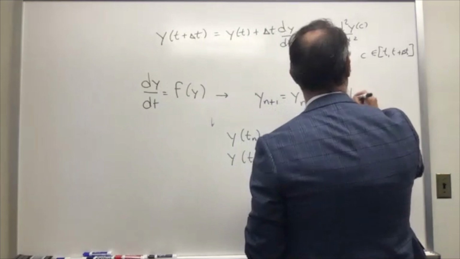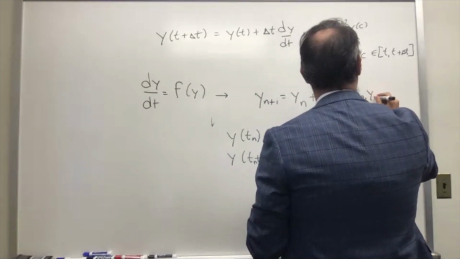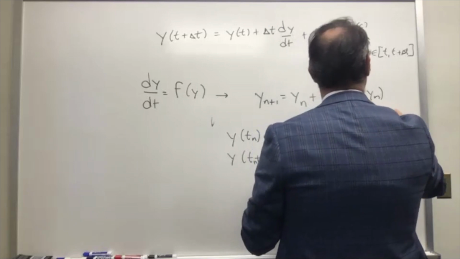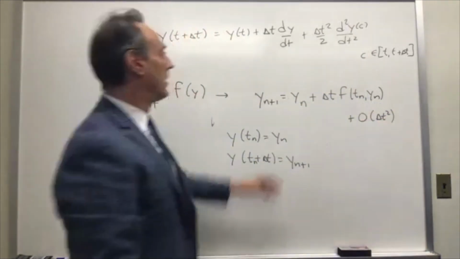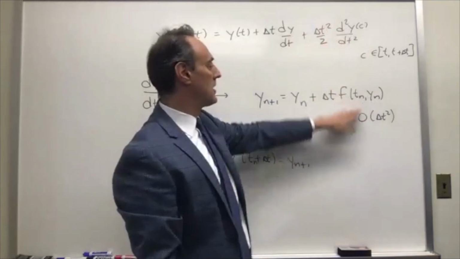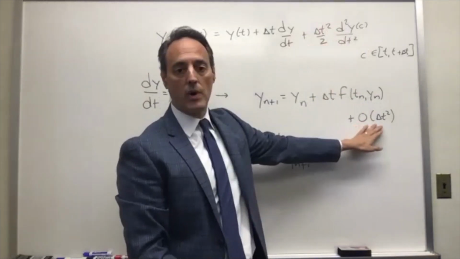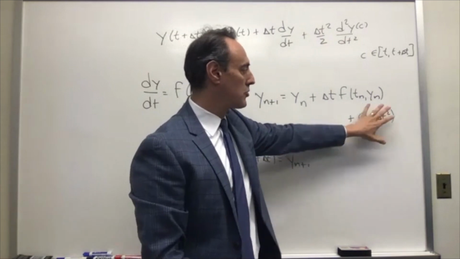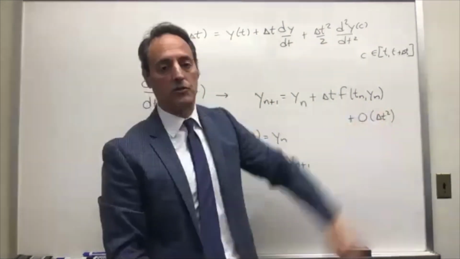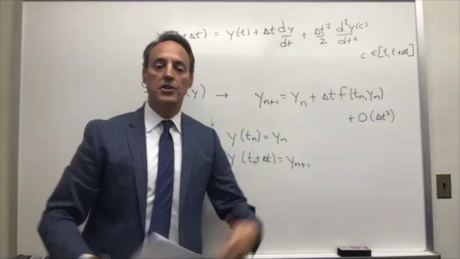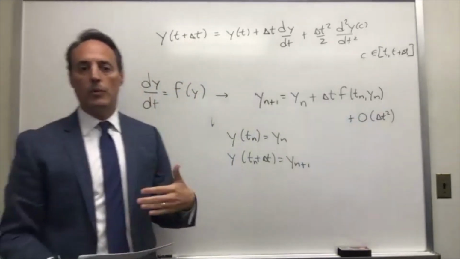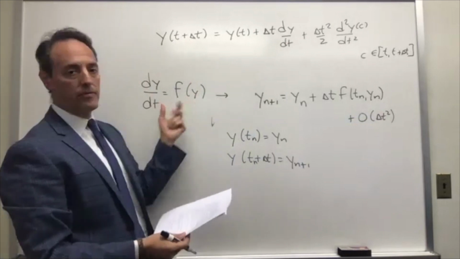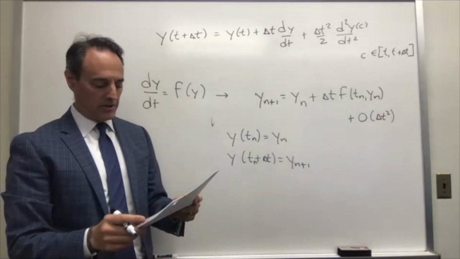So you have f at t of n, y of n, plus, and I'm going to drop that term. I'm going to say this is a term that's of order delta t squared. If delta t is small, the hope is that since that's something small squared, it's smaller than everything else going on here. So this is one way to do what we call an Euler discretization for solving a differential equation such as this.